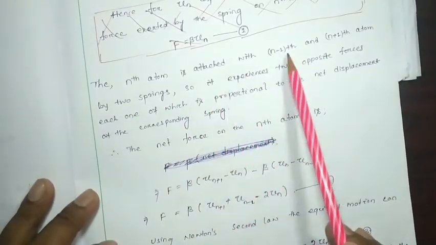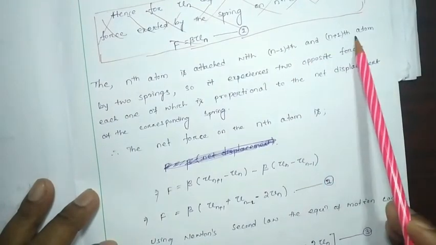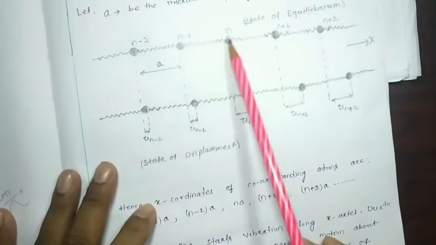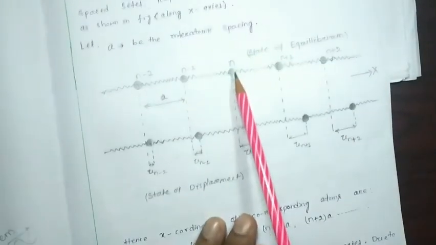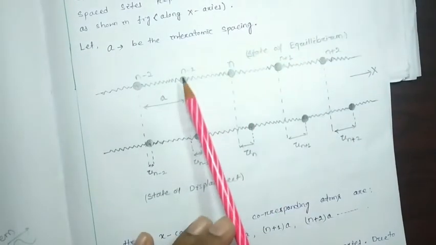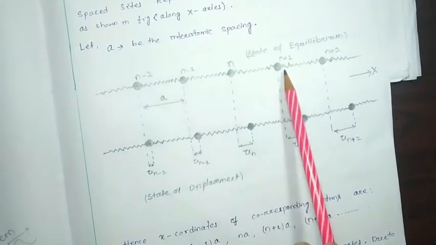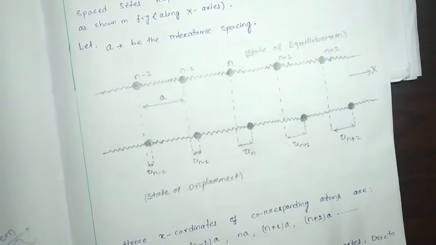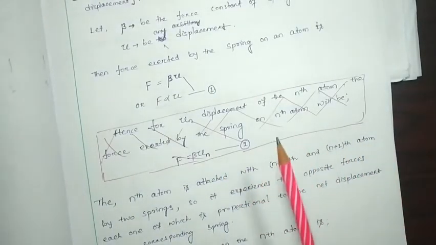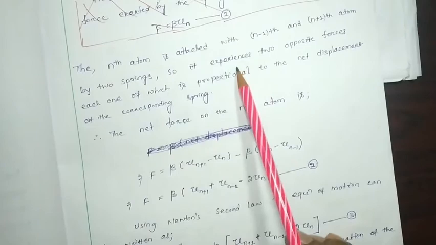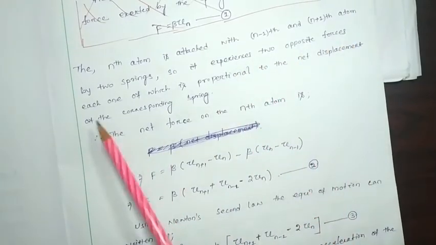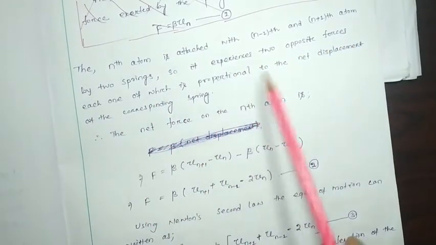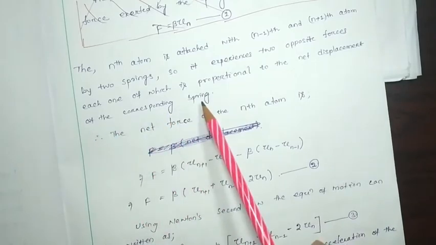The nth atom is attached to the n minus 1th and n plus 1th atoms by 2 springs, so it experiences 2 opposite forces, each of which is proportional to the net displacement of the corresponding spring.